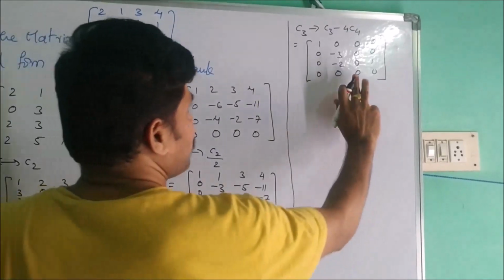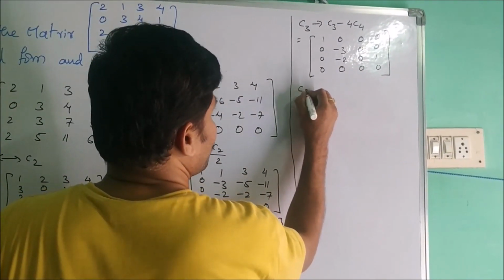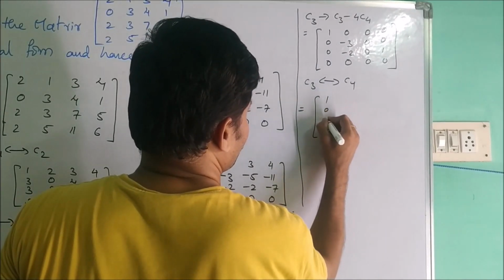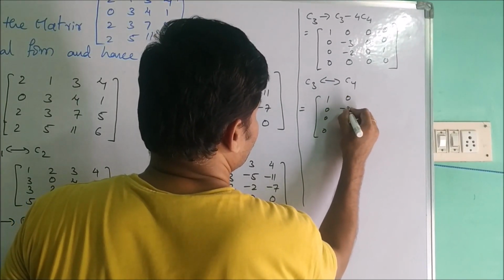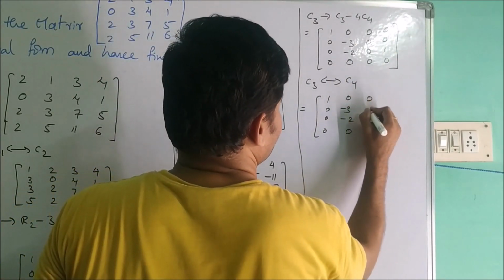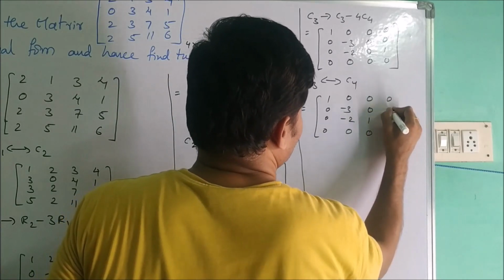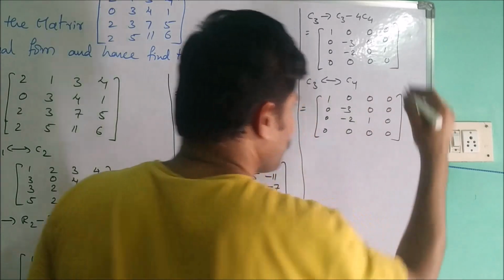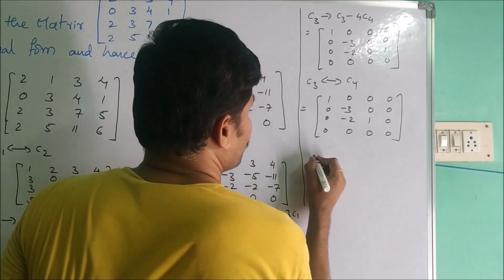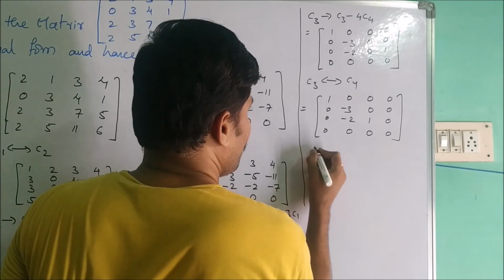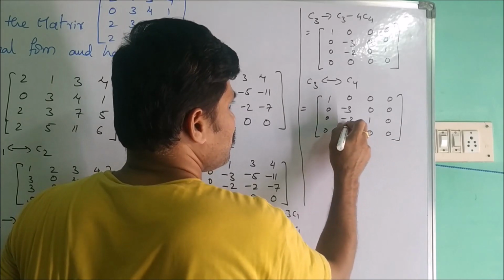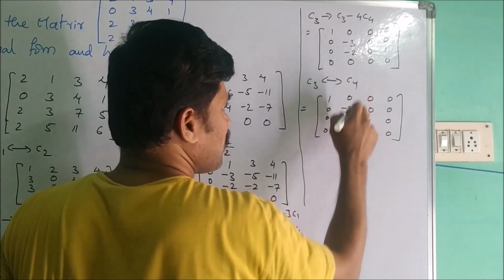Now interchanging the third and fourth columns, C3 interchanged with C4, the matrix is 1 0 0 0. The first two columns do not change and the next two columns interchange: 0 0 1 0, 0 0 0 0. Also here, minus 2 will be 0 using a column operation.